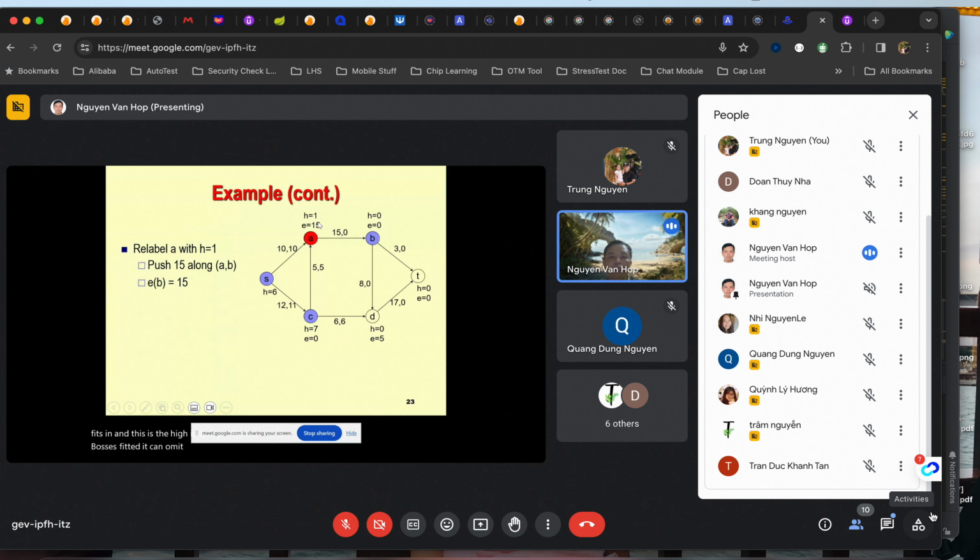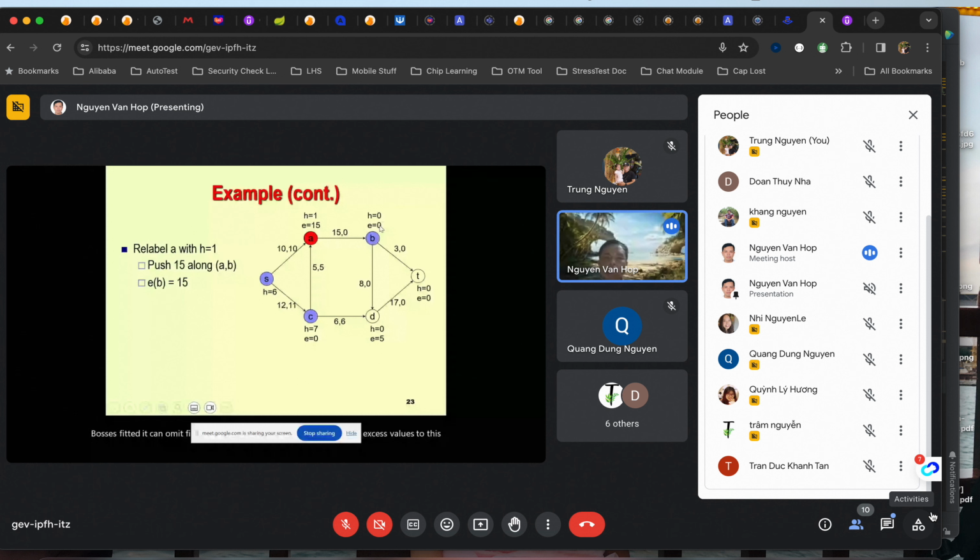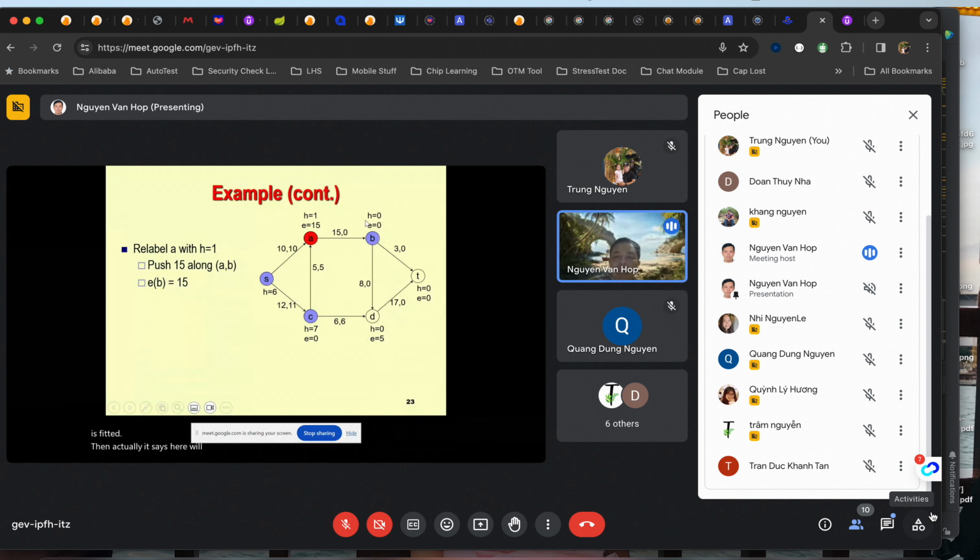It can admit 15, so we push the total excess, right? The total excess value to this one is 15. Then actually the excess will be 15, okay? Then H here will be 5. Then this one in the past is 6, actually 6. After that, I will show you why it's 5 later.